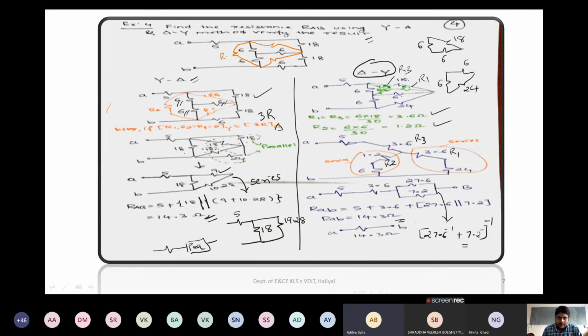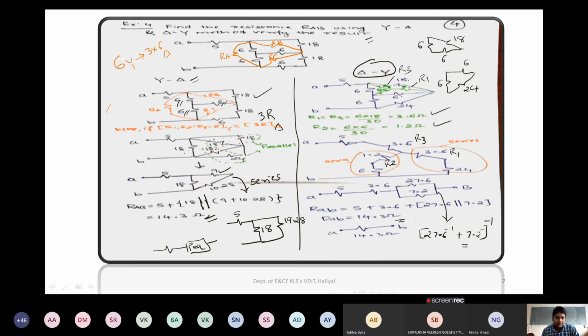So this I have called as RA, RB and RC, right? So here we observe that in the Y network all values are same, R1, R2, R3 or whatever you take, all are 6 in the Y network. So if you are converting it to delta, then we know, from the derivation in the last class, this will be 3 times 6 in the delta network. So that turns out to be 18 ohms, 18 ohms and 18 ohms, right?